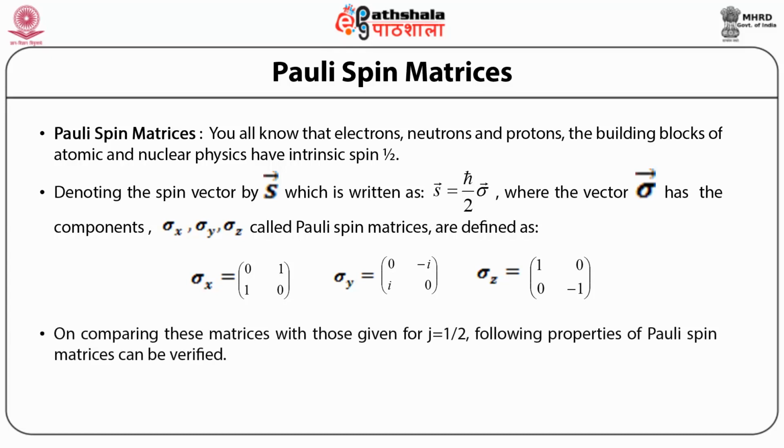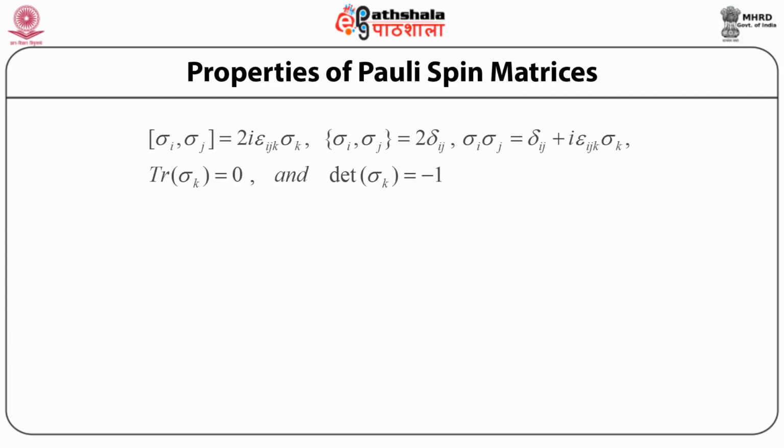On comparing these matrices with those given for j equals half, the following properties of Pauli spin matrices can be verified. The commutator of sigma i and sigma j is equal to 2 times iota epsilon ijk sigma k. The anti-commutator of sigma i and sigma j is equal to 2 times delta ij. The product of sigma i and sigma j is equal to delta ij plus iota times epsilon ijk sigma k.